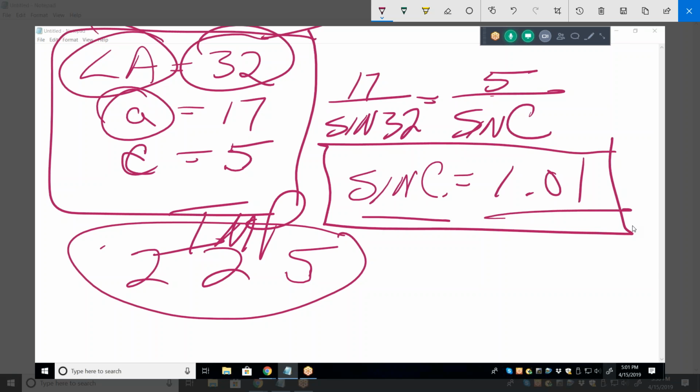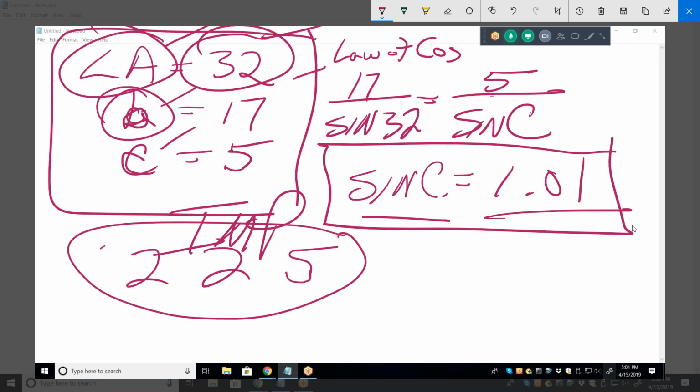You pretty much have to use the law of cosines if you cannot use the law of sines. That's kind of the rule. If I go back and make that a B instead of an A, well, then I have an angle and I have two sides, but I don't have an angle and an opposite side. So what does that tell me? That tells me I got to use the law of cosines. If you cannot start the problem with the law of sines, you got to start it with the law of cosines.